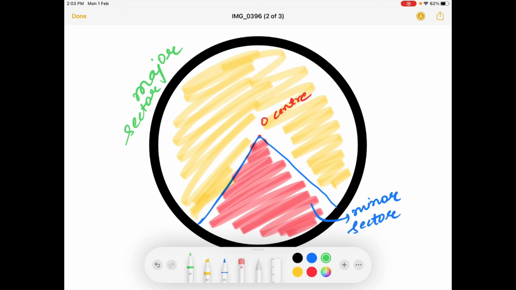So this is another property of this circle. This is major in size, so this will be called the major sector, and as this small sector is small in size, this will be called the minor sector. This is another property of the circle.